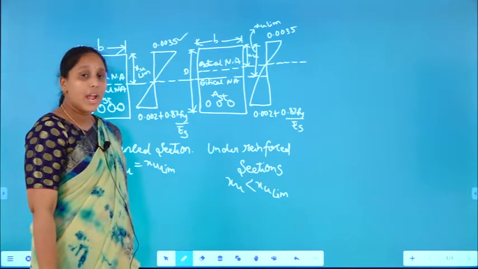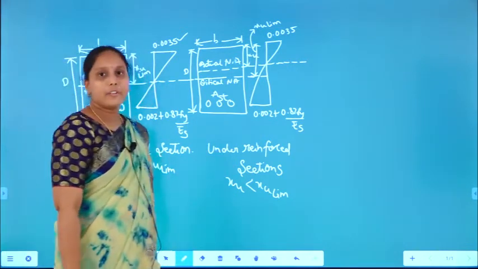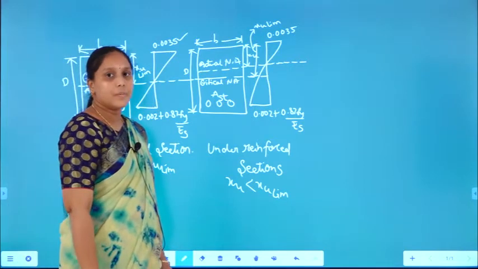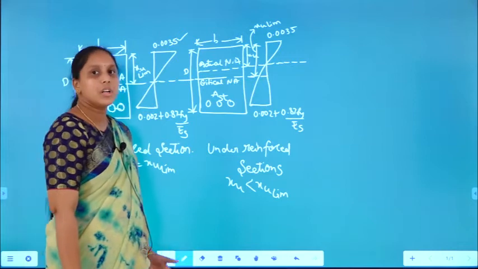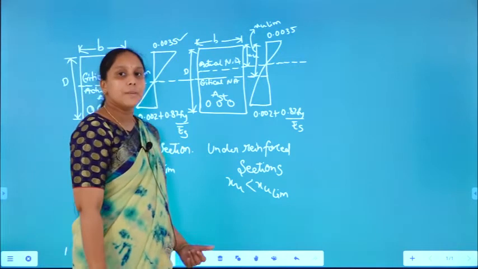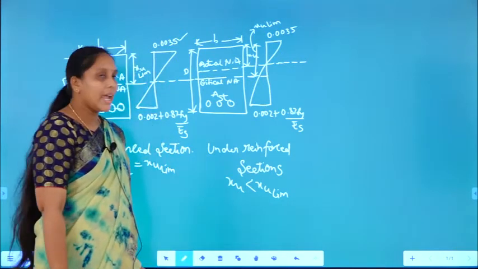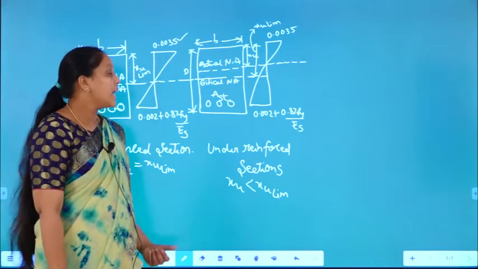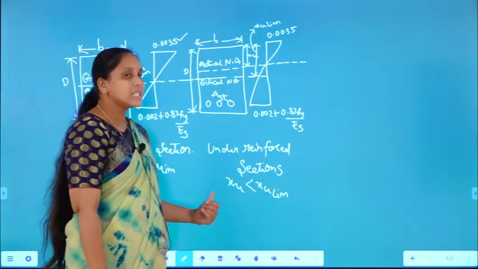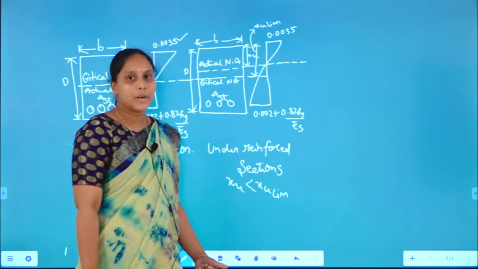And as in an under reinforced section, steel is reaching its maximum strain value first, the mode of failure will be a ductile failure. So, why ductile failure? Because steel is a ductile material.